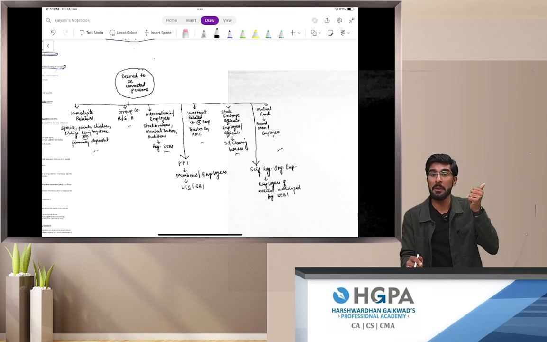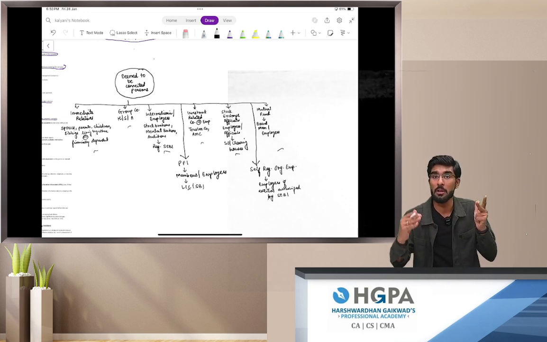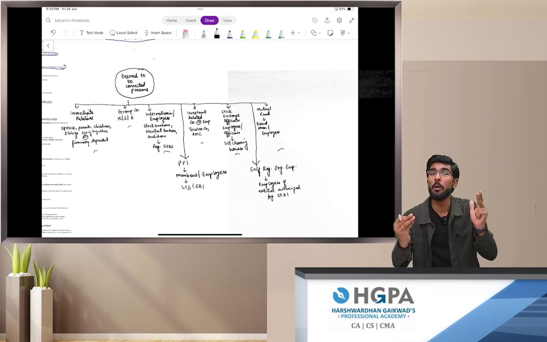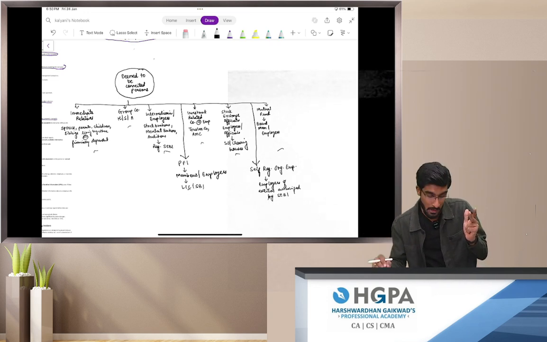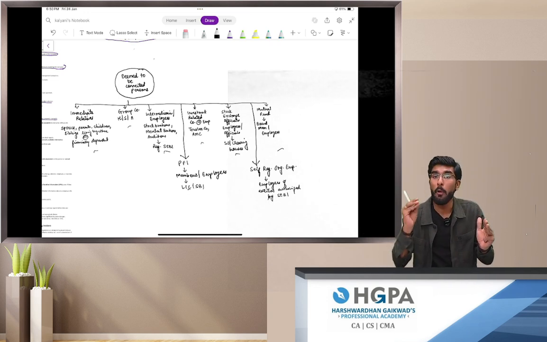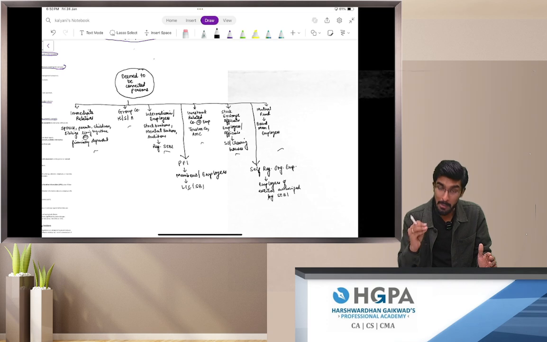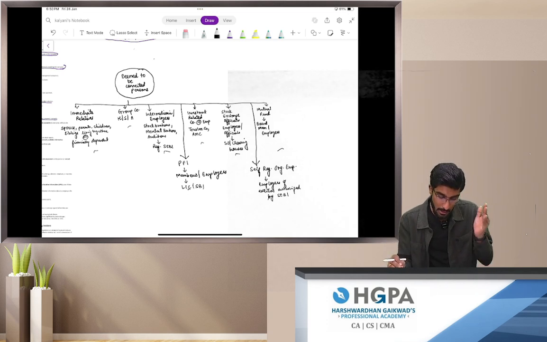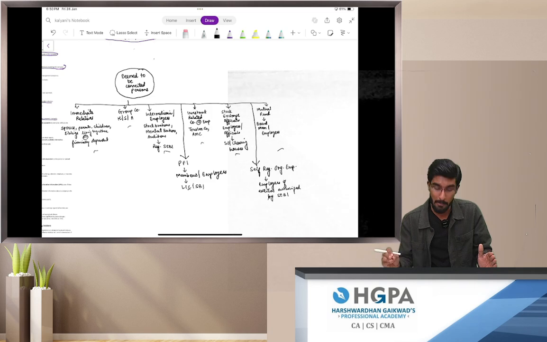Number 1 is immediate relatives. Number 2 is group companies like holding, subsidiary, associate company. Number 3 is intermediaries or employees, where stockbroker, merchant bankers, and auditors that are registered by SEBI will come. Number 4 is public financial institution, where members or employees will come into picture. Number 5 is investment related companies, where employees or trustee company or AMC will come into place.